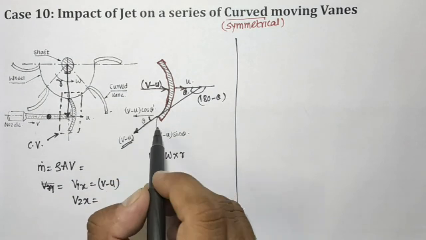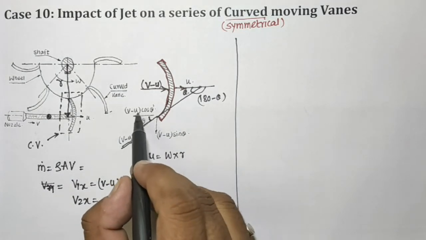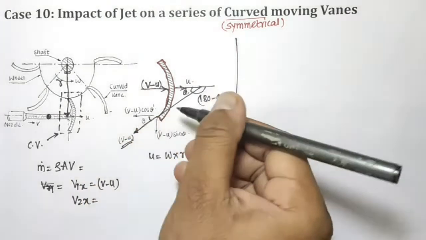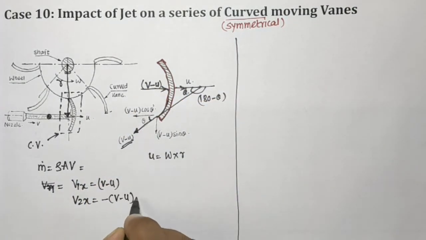So along the x direction, because of this theta, this (v1 minus u) will be resolved as (v1 minus u) cos theta, and it has the opposite direction, so that's why we have to consider minus (v minus u) cos theta as a component.